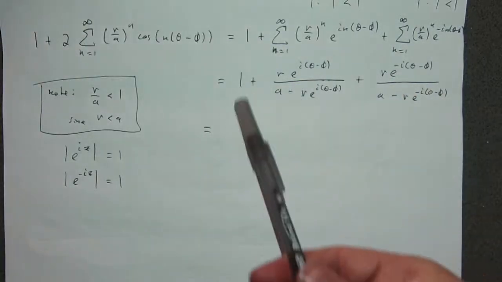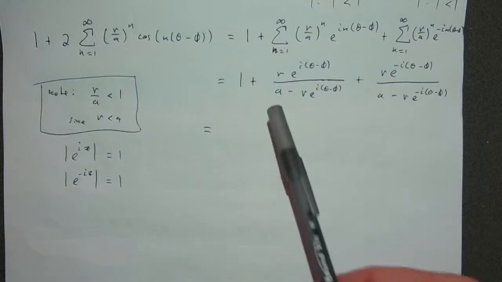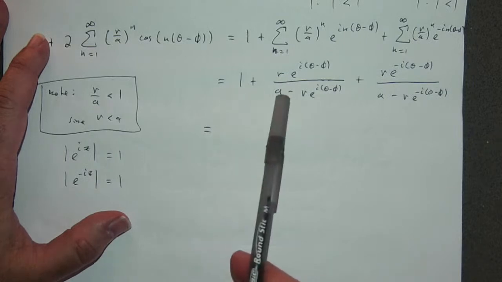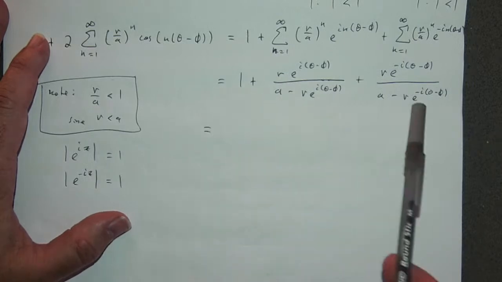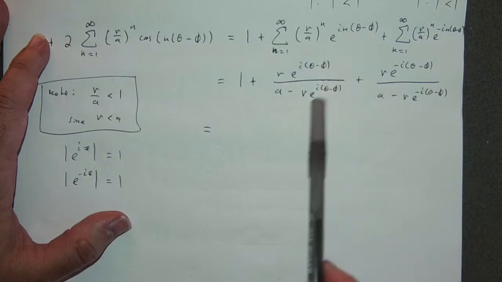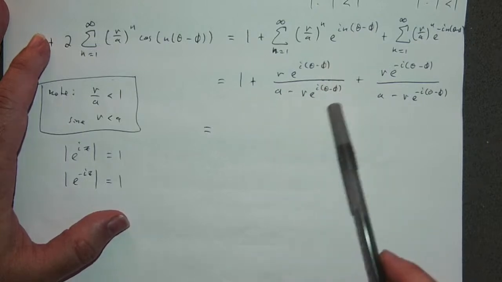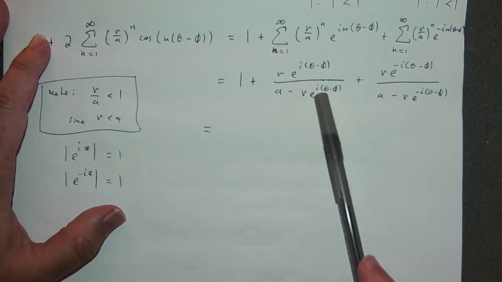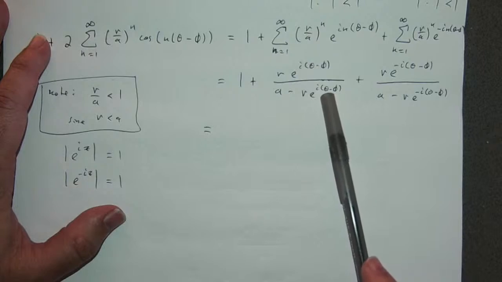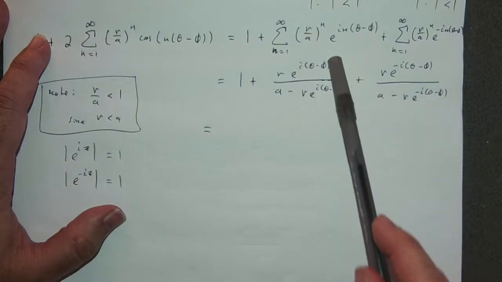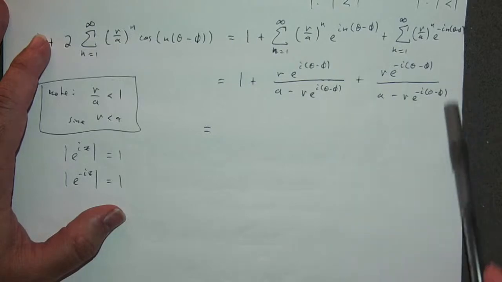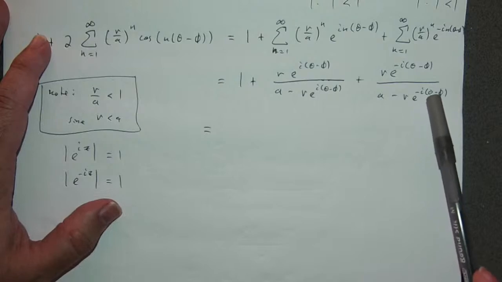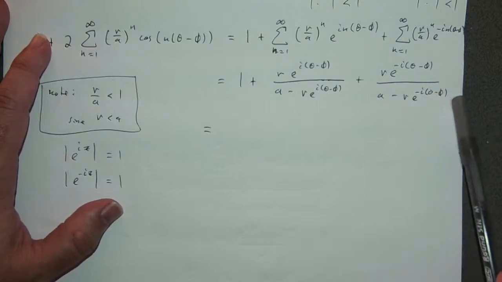Doing a little bit of algebra here, I'm multiplying this fraction by a minus r e to the minus i (theta minus phi), and the other term by a minus r e to the plus i (theta minus phi).